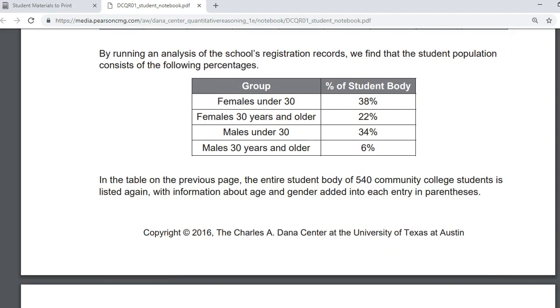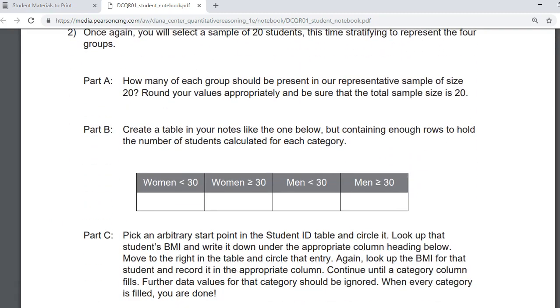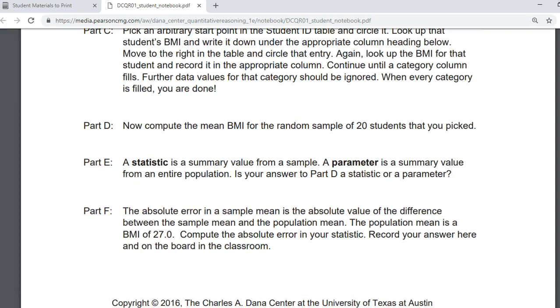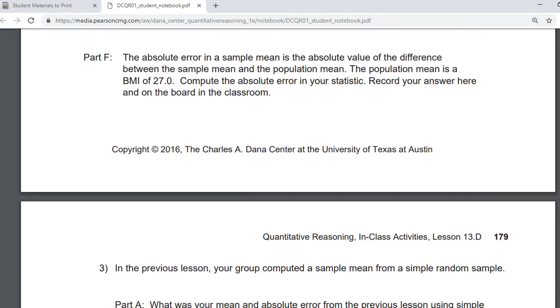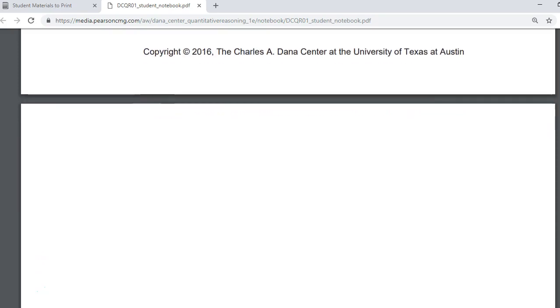And this is where you got to make yourself a huge note that it involves percentages of subgroups. And then what we would do with the subgroups and how many we would need and how can I conduct this study as compared to the simple random sample. And again, you would need to know how to calculate the error between the population and your sample. And I believe that was it, because that was 13D.